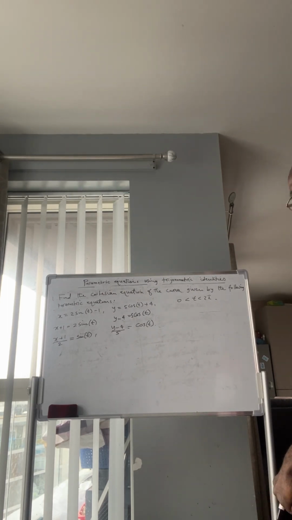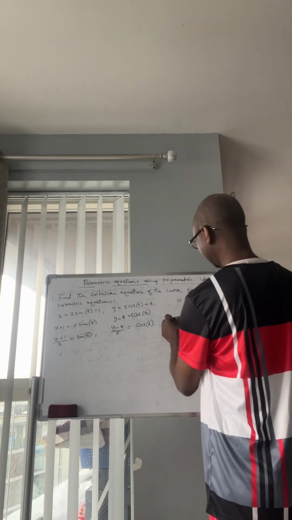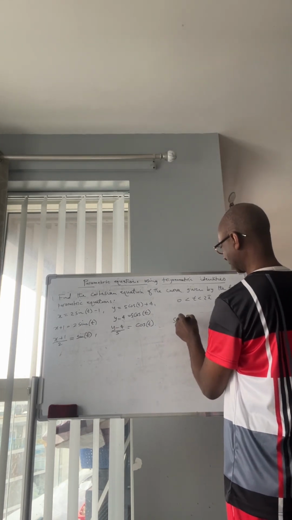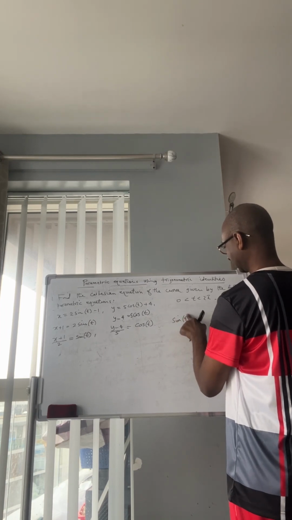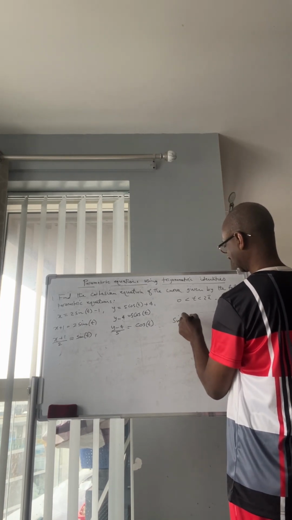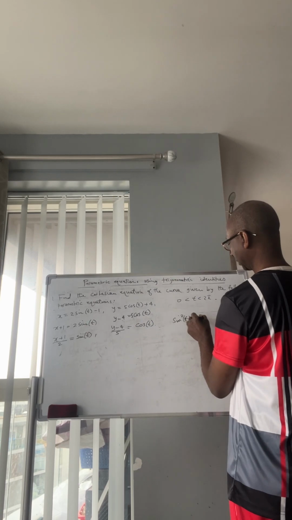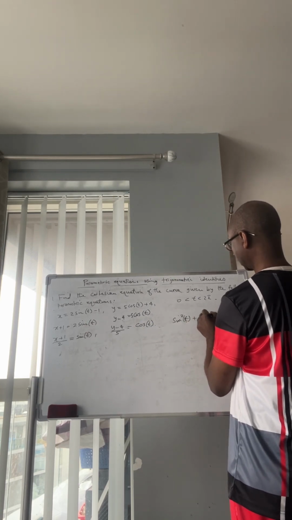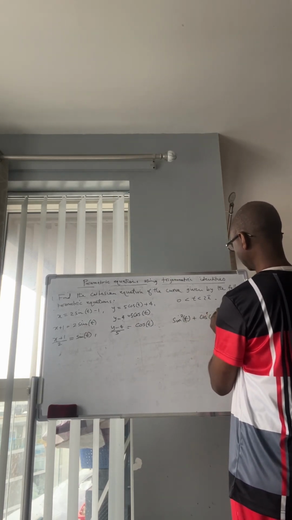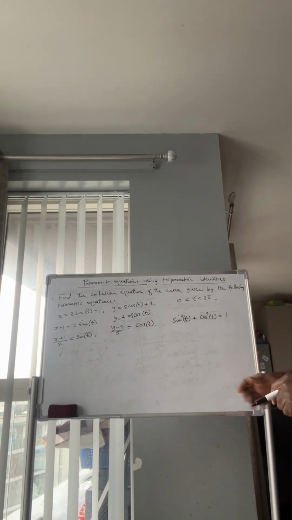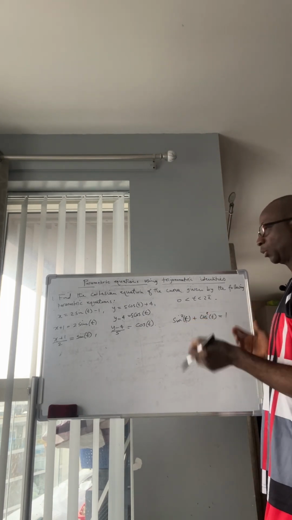But one thing we know for sure, sine square t plus cosine square t equals 1. Sine square p plus cos square p equals 1.